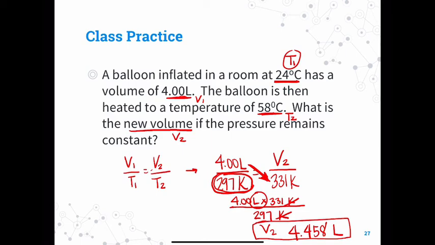Okay, 4.458 liters. All right, now you have 2 practice problems to try, and then we can come back together and we'll look at them together and see if you got them right.